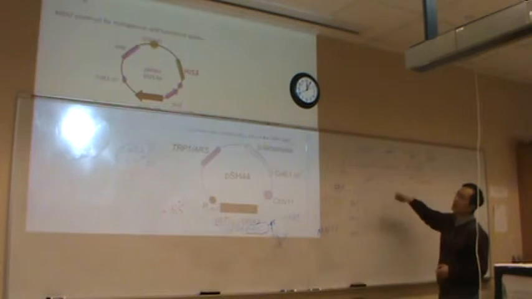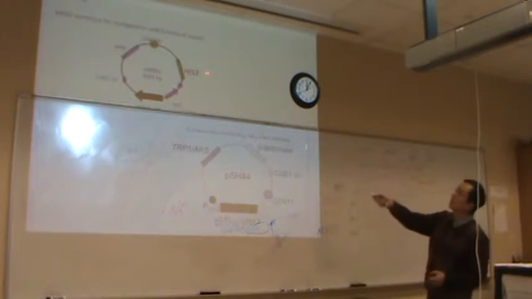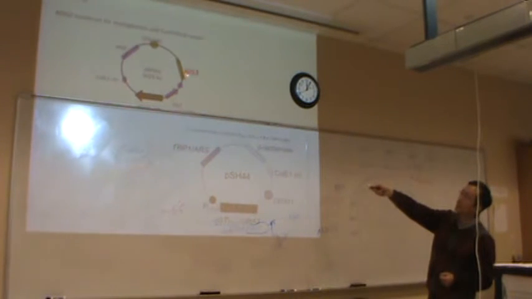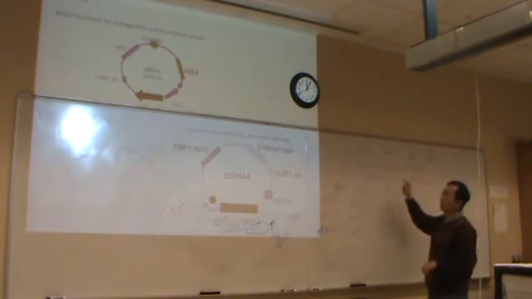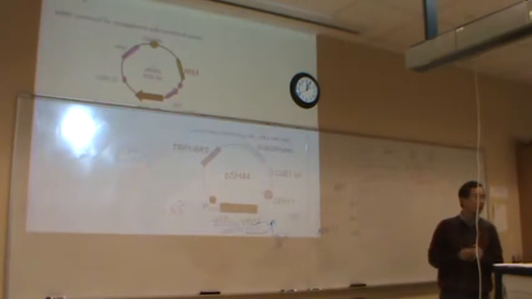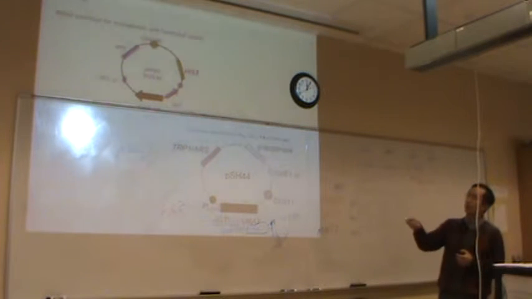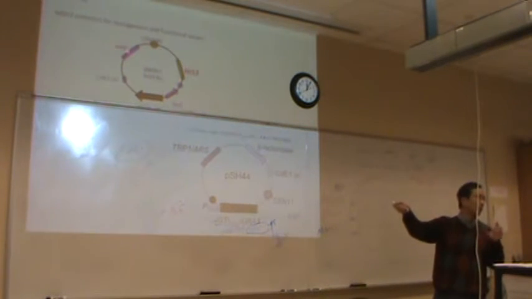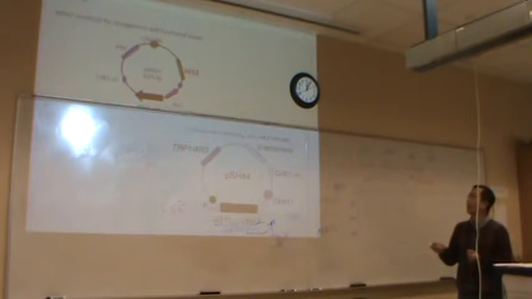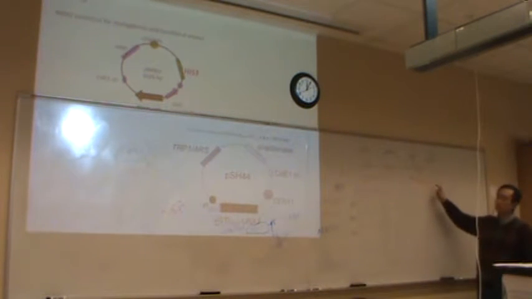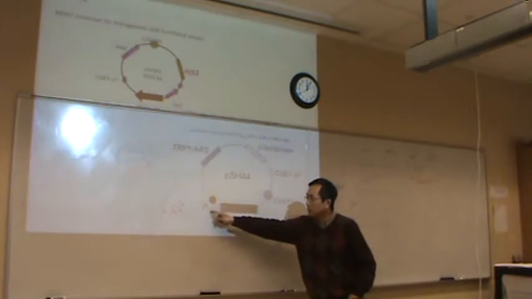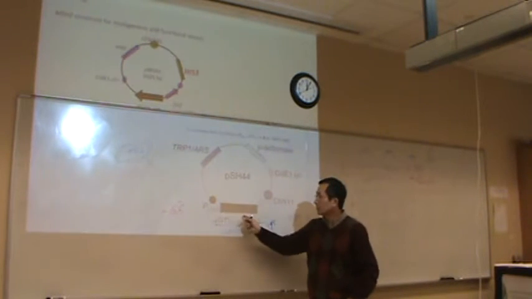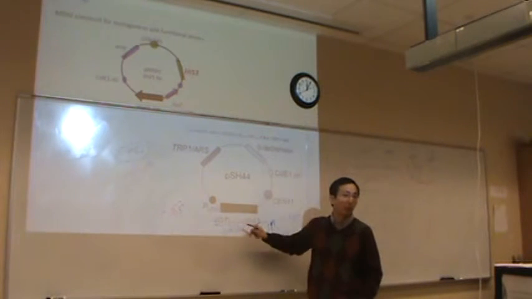It's minus histidine because we have the HIS3 marker on the MSH2 plasmid, and the cell cannot synthesize histidine on its own, so it has to keep the MSH2 plasmid in order to survive. And it's also minus leucine because the LEU2 promoter is in front of the URA3 reporter marker.